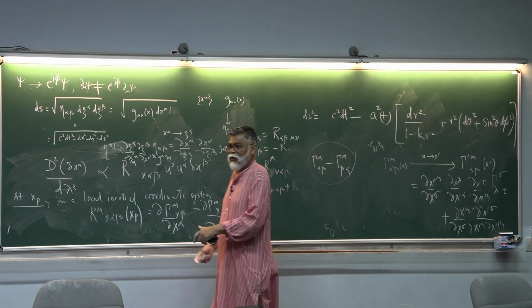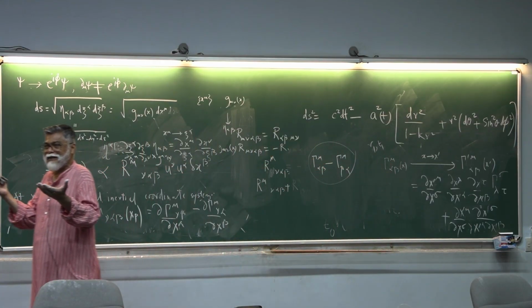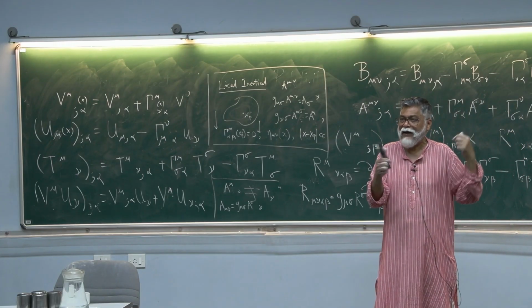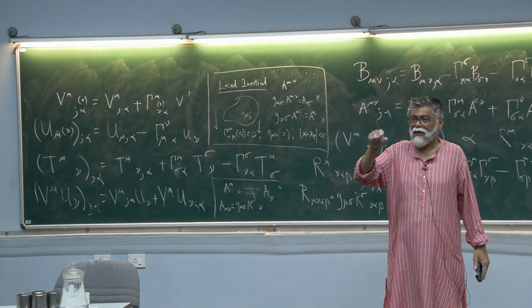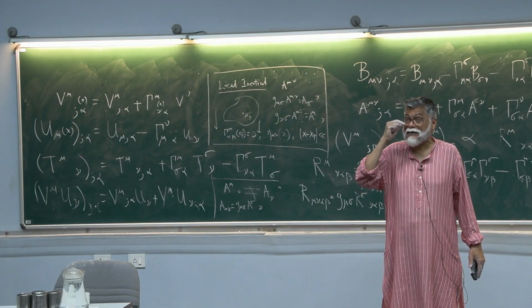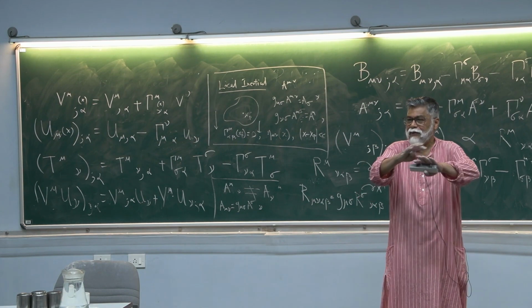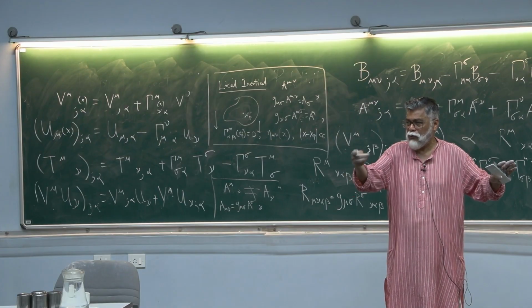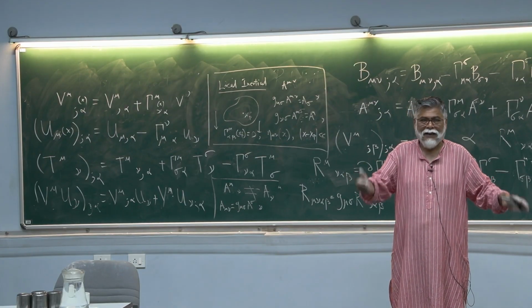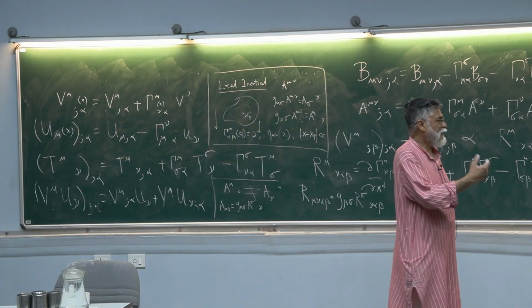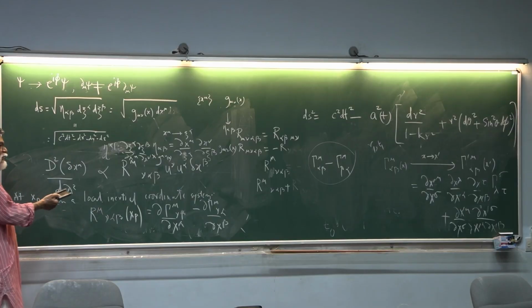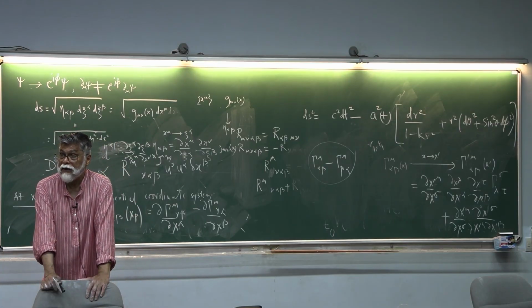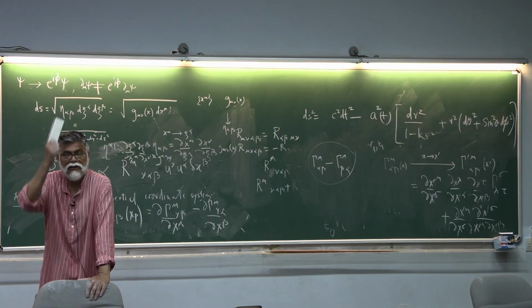Those people who want to introduce a torsion in their theory, the torsion S mu alpha beta is precisely defined to be gamma mu alpha beta minus gamma mu beta alpha. In Einstein's general relativity, torsion is set to 0 so that the Christoffel symbol is symmetric. We'll come to that in the next lecture. Today I thought I better do the Riemann tensor so that there's continuity with tomorrow's lecture by TP, because he is going to talk about torsion, and about the Riemann tensor from the differential geometry language.